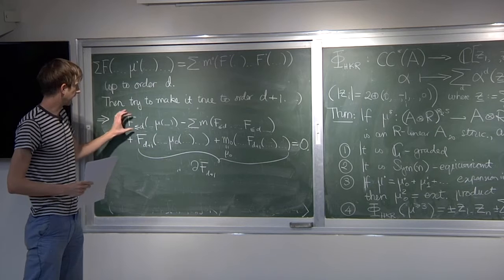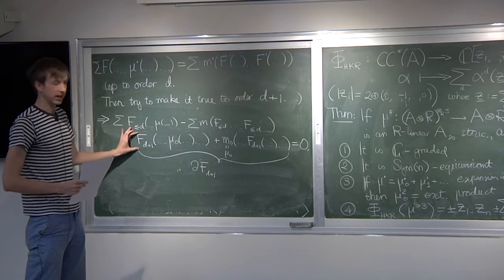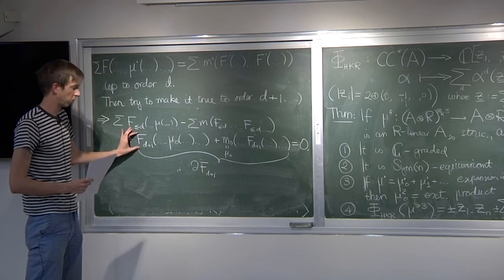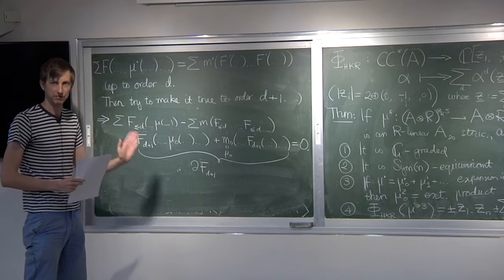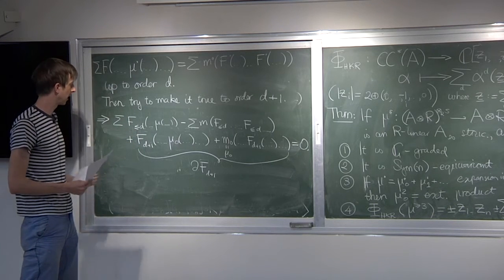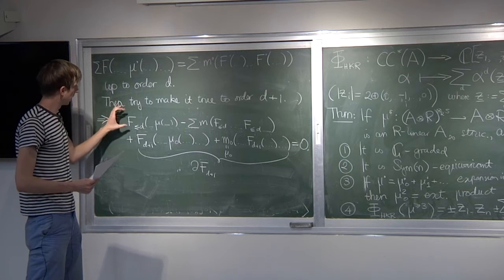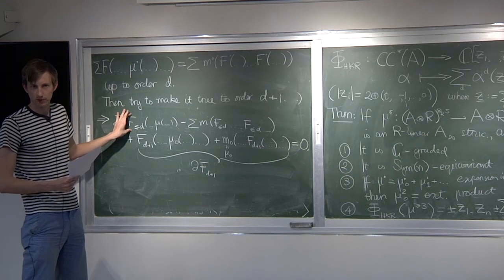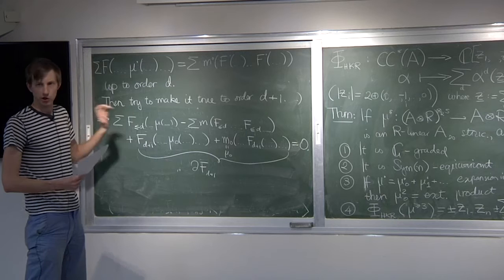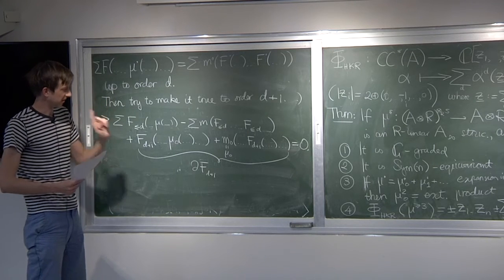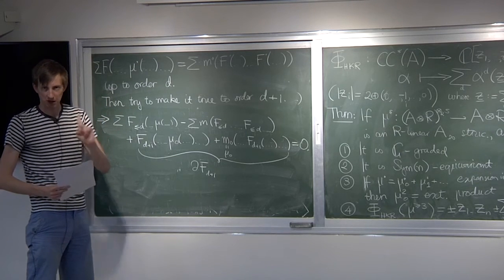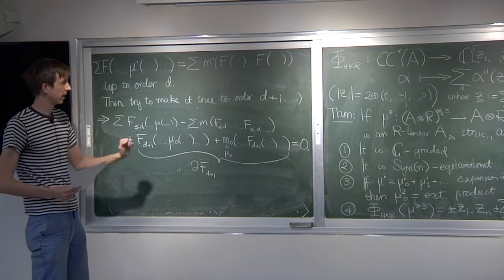So that means we can kill this term if it is equal to a Hochschild boundary, if it vanishes in Hochschild cohomology. So you can prove that this term is closed in Hochschild cohomology, but not that it necessarily is a trivial cohomology class.